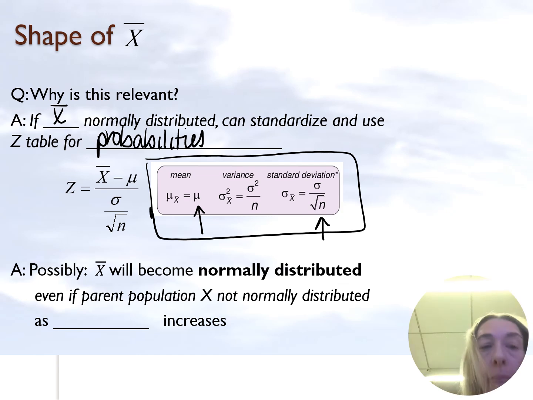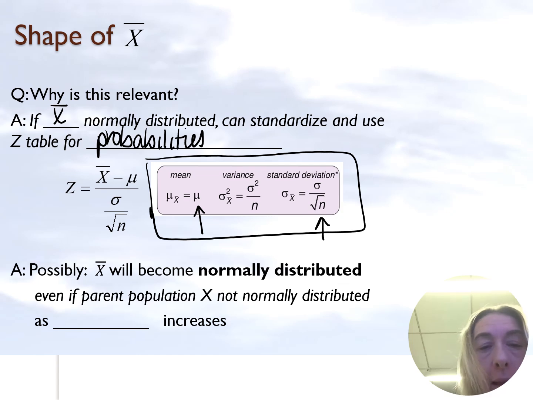So going back to our answer given previously about X bar possibly being normally distributed even if X is not, here is the fuller answer.